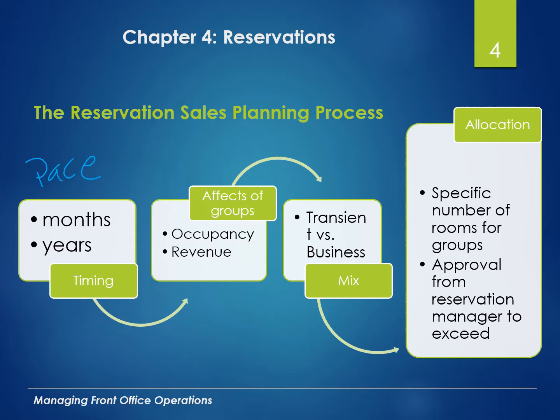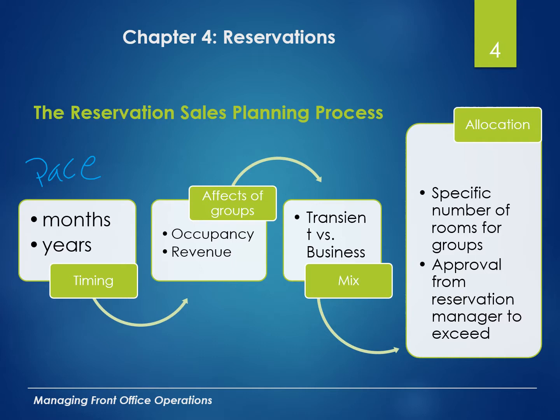And so we want to make sure that our transient versus our business mix is appropriate. San Antonio is very fortunate because we have a large transient as well as large business. And so hotels can identify what percentage of the mix of their guests do they want transient or leisure travelers versus the business travelers, and that can change throughout the year.